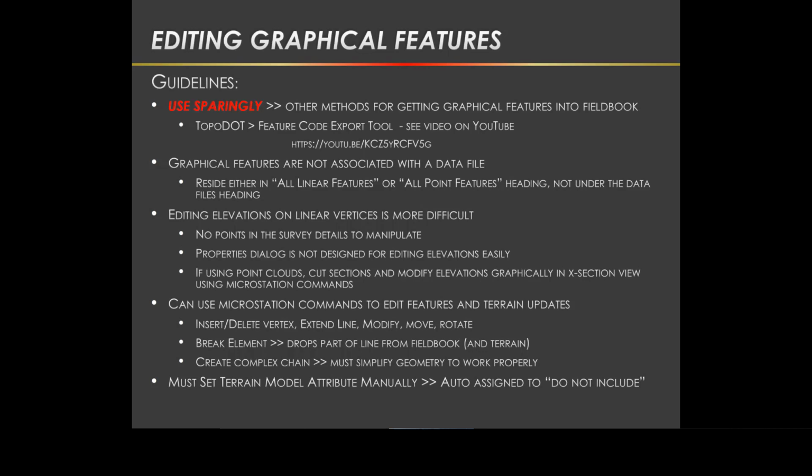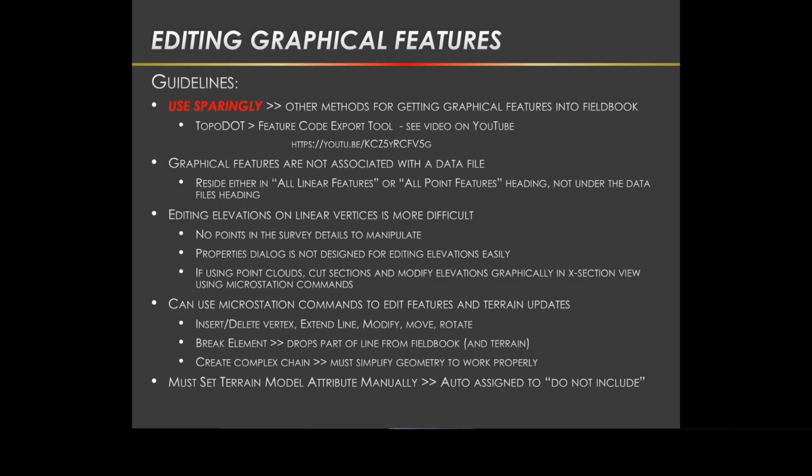And when you import graphical features, you must set your terrain model attribute manually. It is automatically assigned to do not include, and this will trip you up probably numerous times. You have to go in and say either determined by definition or whatever else you want it to be.